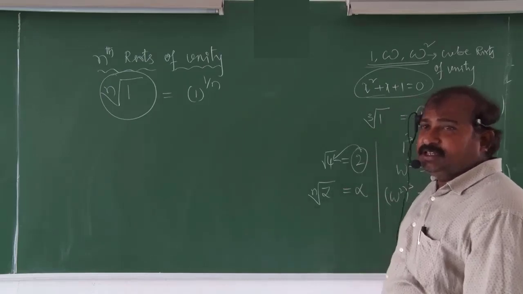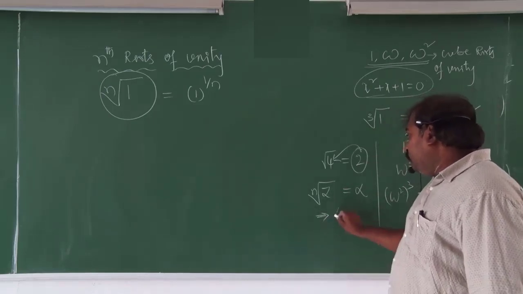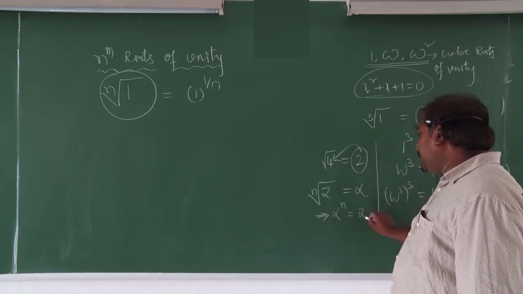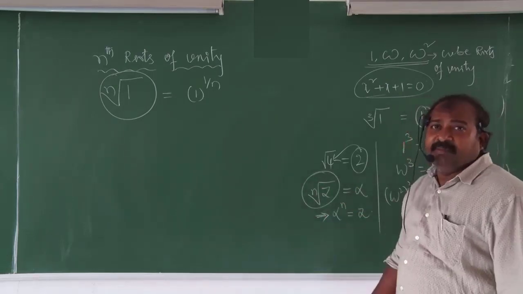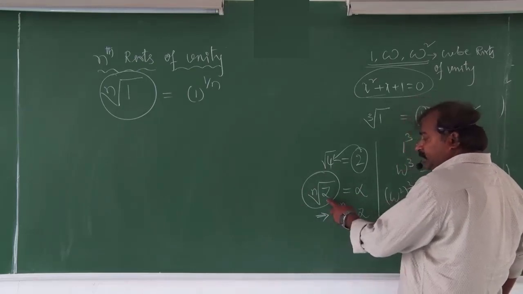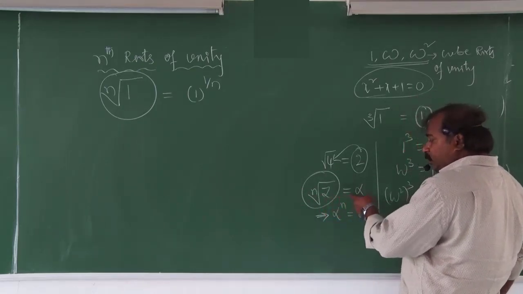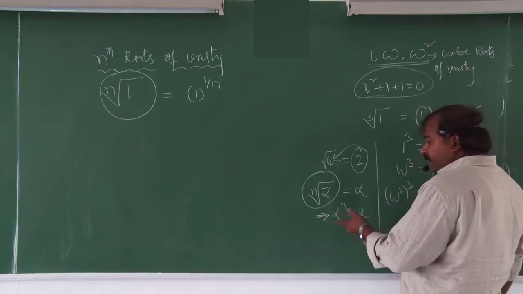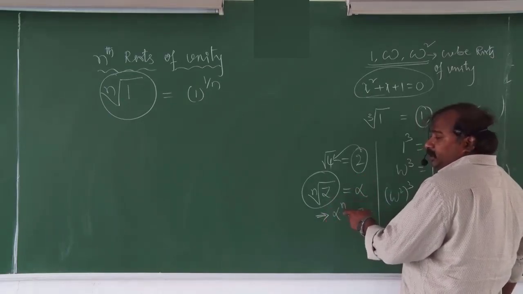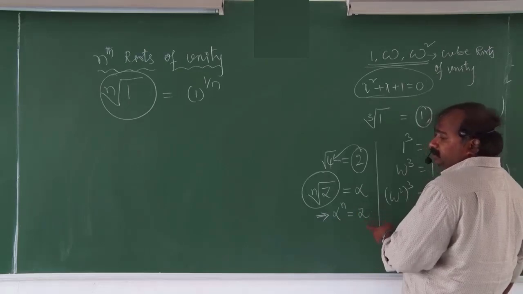What does this mean? It means if you find alpha power n, you will get z. That's it. This is known as the nth root of a complex number. If z is a complex number, nth root of z equal to alpha, where alpha is a complex number, means if you take alpha power n, then automatically you will get the value z.